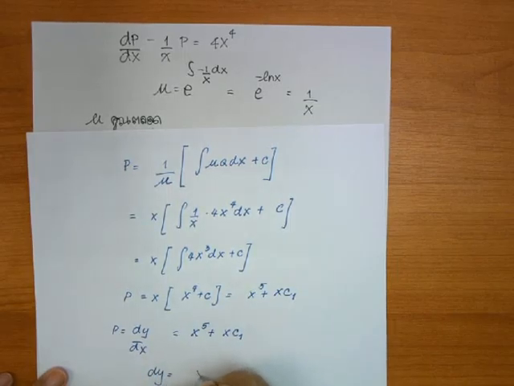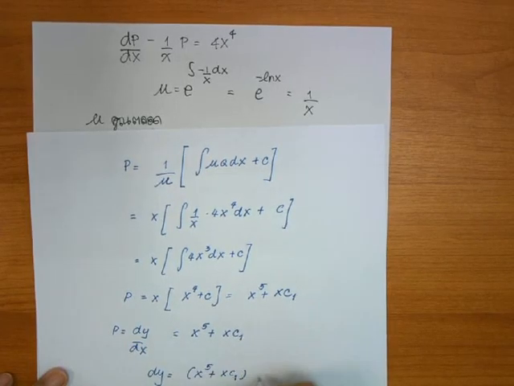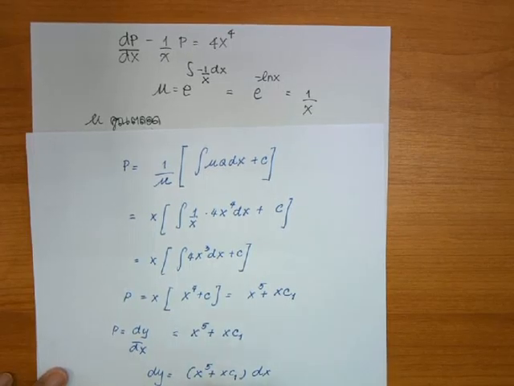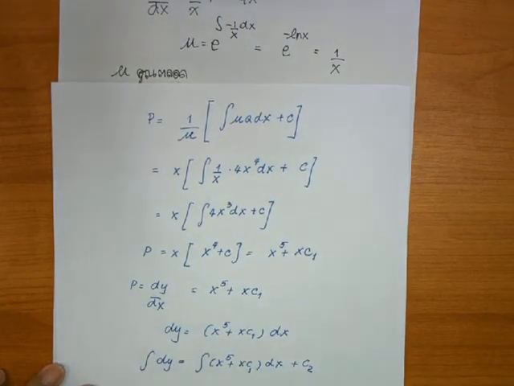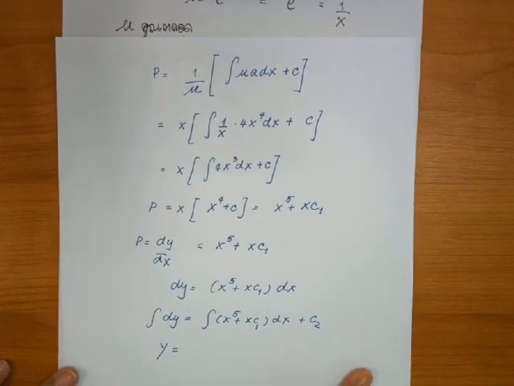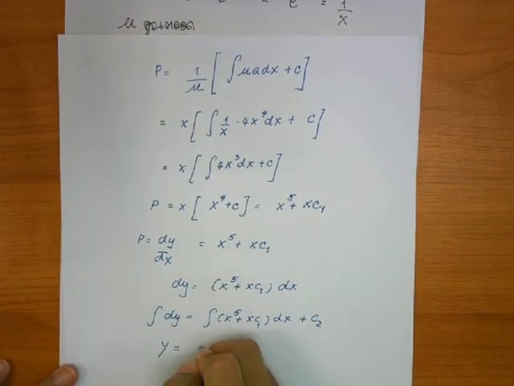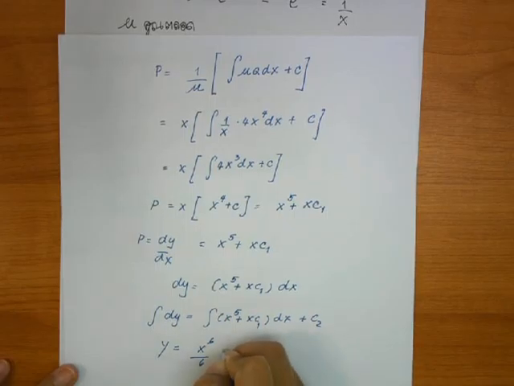We just move dx to the same side as x, and we do the integral of both sides. So we would get y is equal to x to the power 6 divided by 6 plus c1 x squared over 2 plus c2.